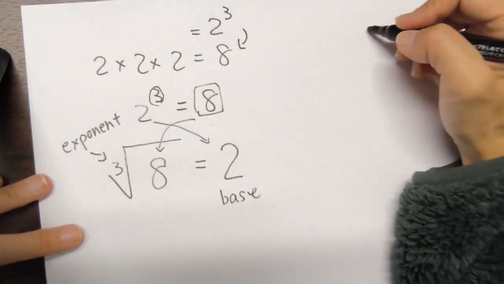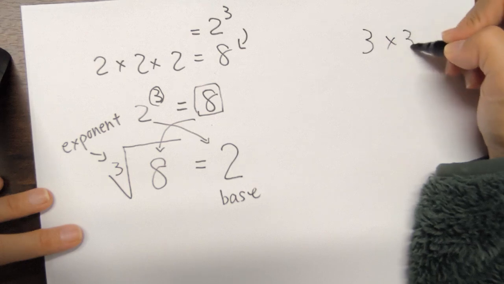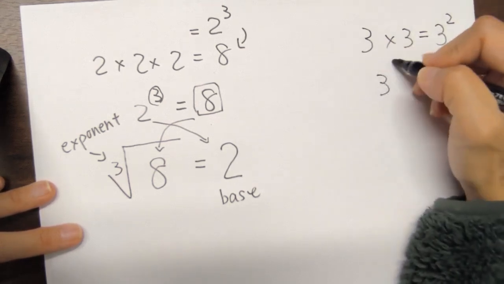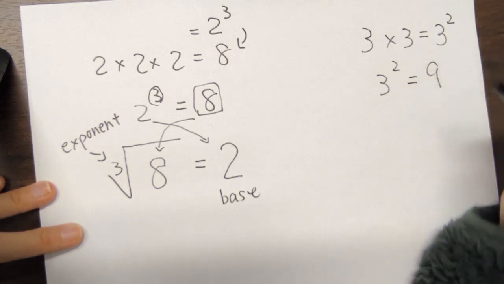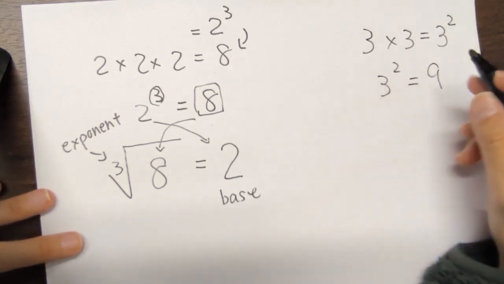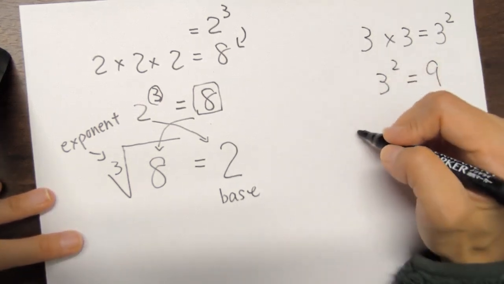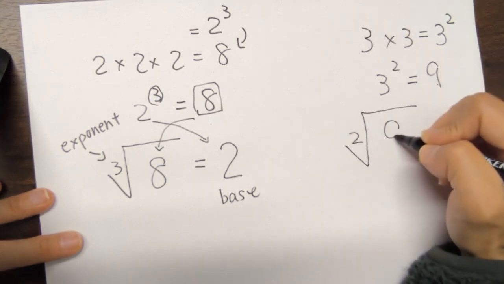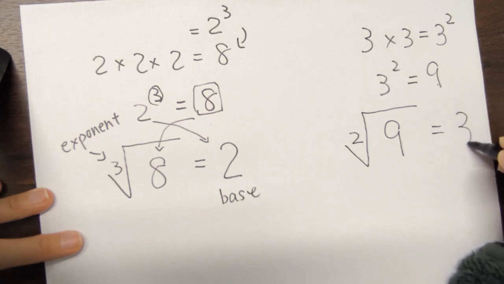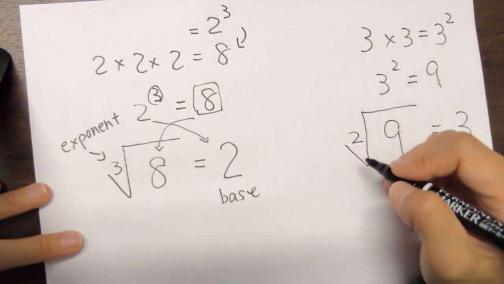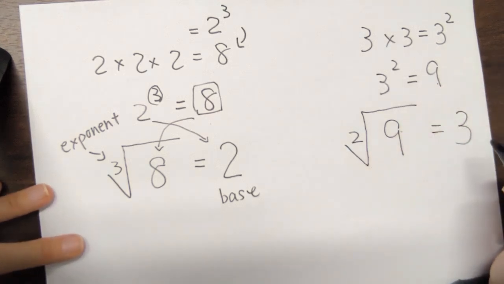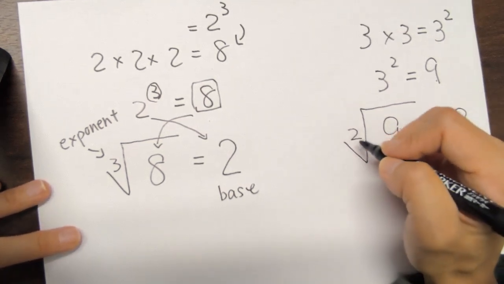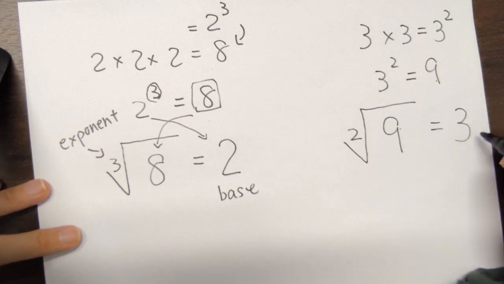Okay, how about this one? 3 times 3 is 3 squared. 3 squared is 9. So you put the exponent here, and you put this number here, and the answer and the base here. So the second root of 9 is 3.